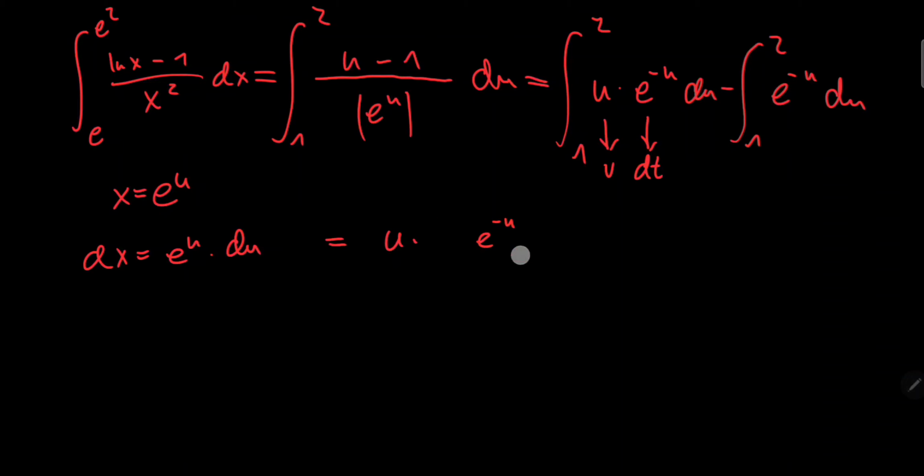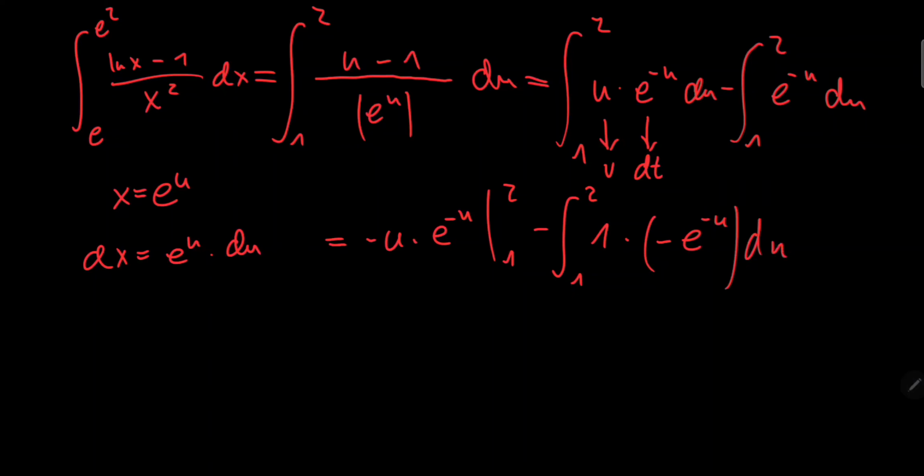And I can also rewrite this in this way, evaluated from 1 to 2, minus the integral from 1 to 2. Now we need to differentiate this u, but that's just 1, times the antiderivative of e to the negative u.